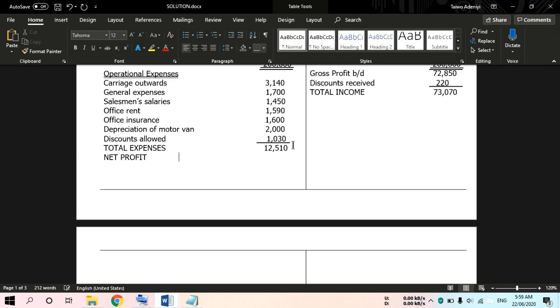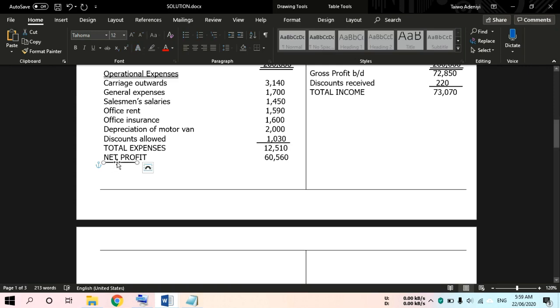That will give us 60,560 naira. So that's our net profit. So let's write the total.